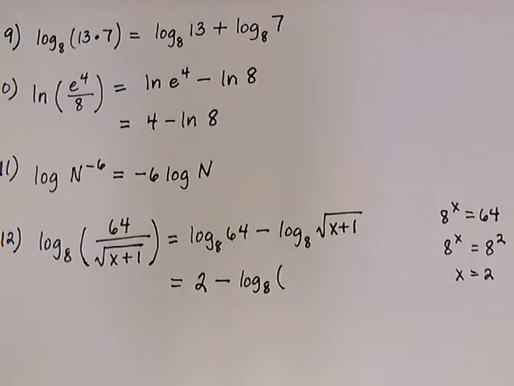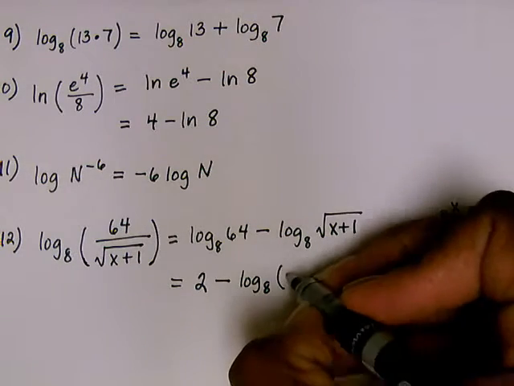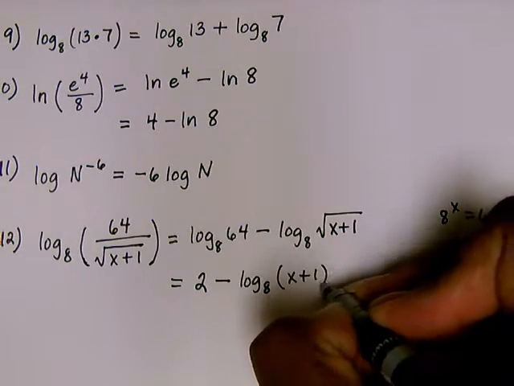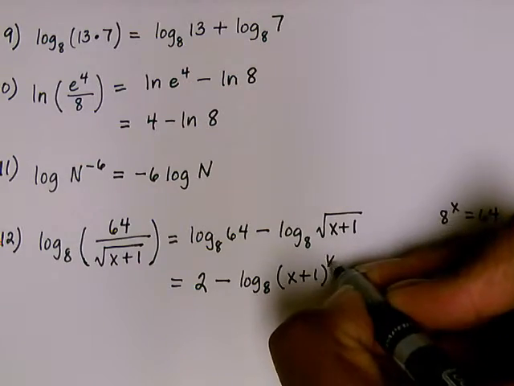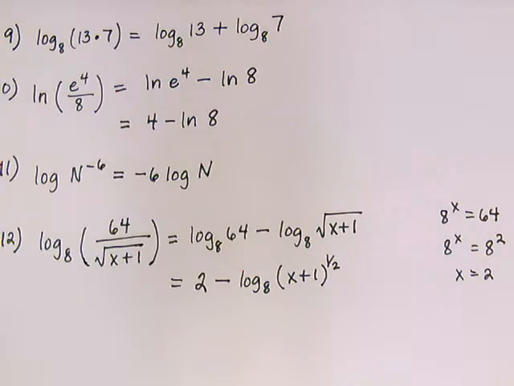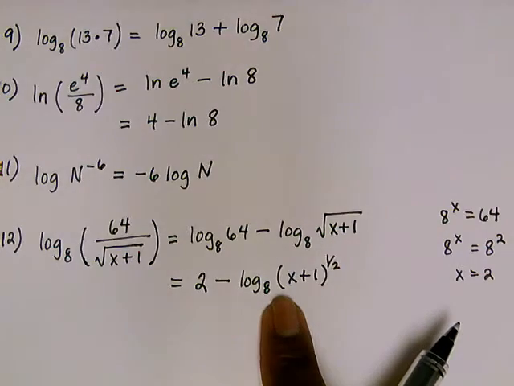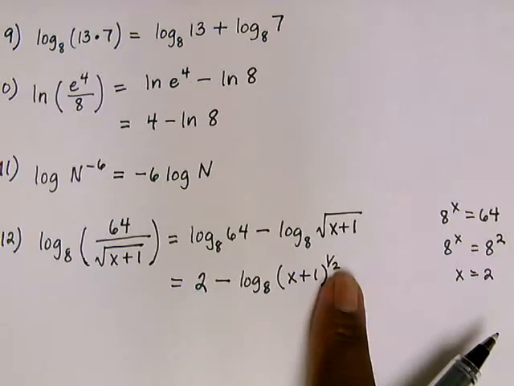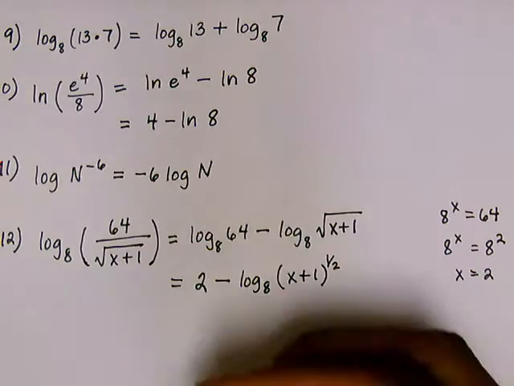Now that square root of x plus 1, I'm going to rewrite that radical in its equivalent exponential form. That's going to be x plus 1. Since it's a square root, that exponent for the square root will be 1/2. So x plus 1 raised to the 1/2 is the same as the square root of x plus 1. Now in this last term here, I can apply the power rule by taking that 1/2 and putting it in front of the log.